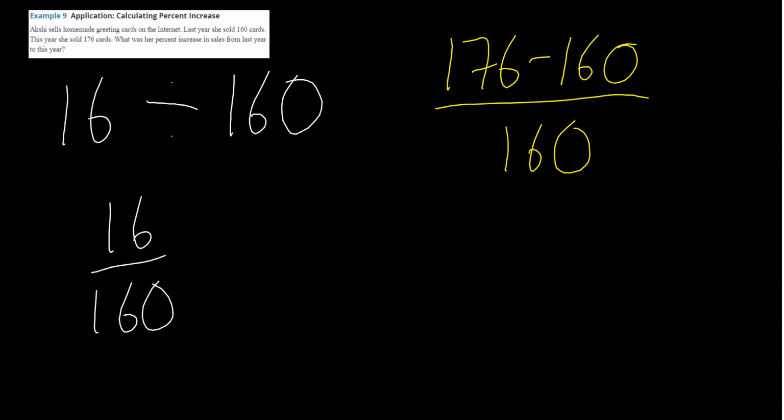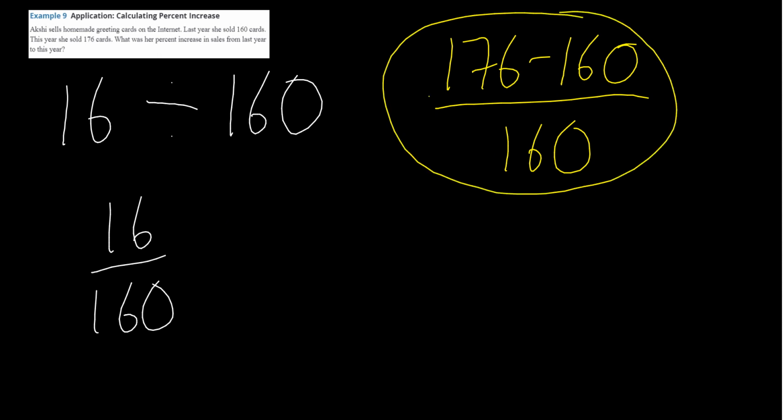What I wrote in the yellow is what happens in here, because 176 minus 160 is 16, and 16 divided by 160 is 0.1, or 10%. She increased her sales 10% for the year.